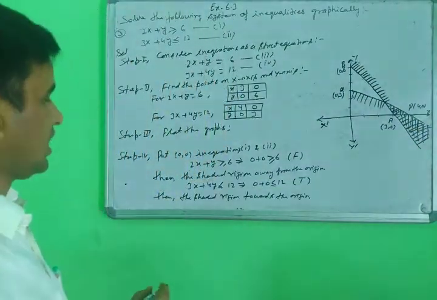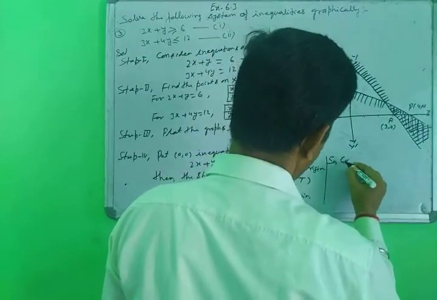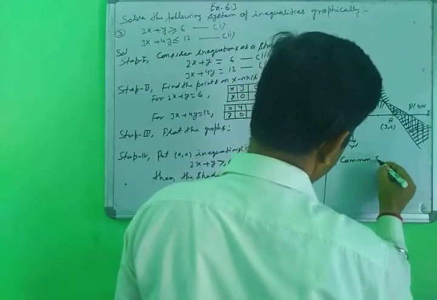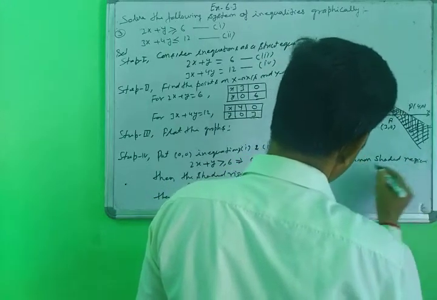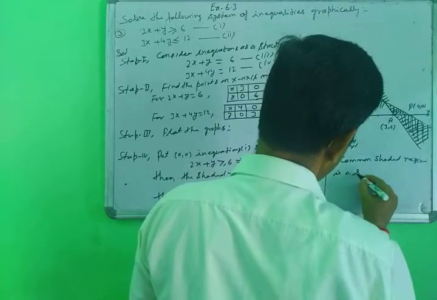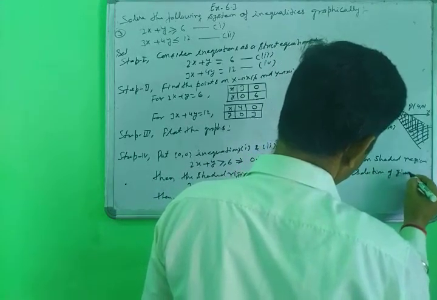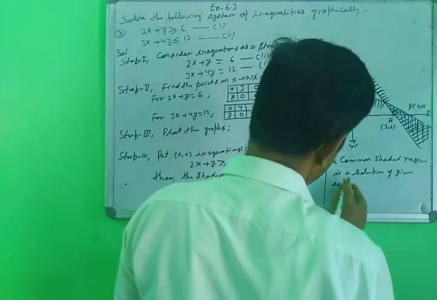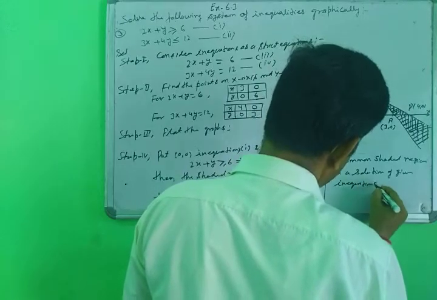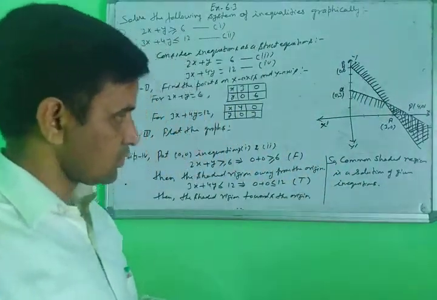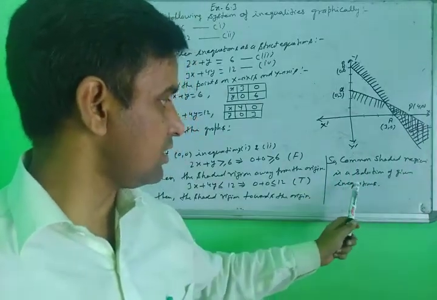Then you can write in the last line: the common shaded region is the solution of the given inequations.